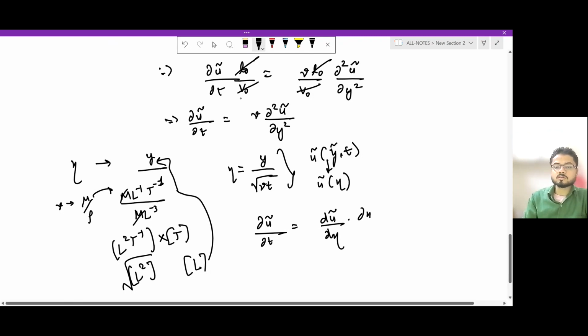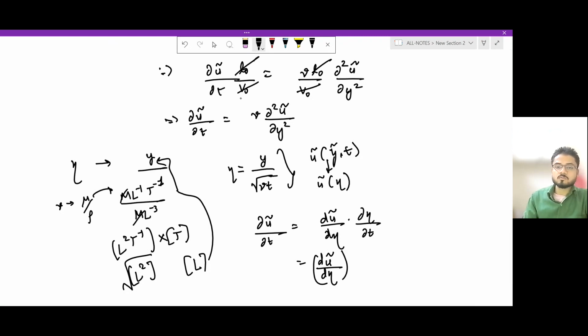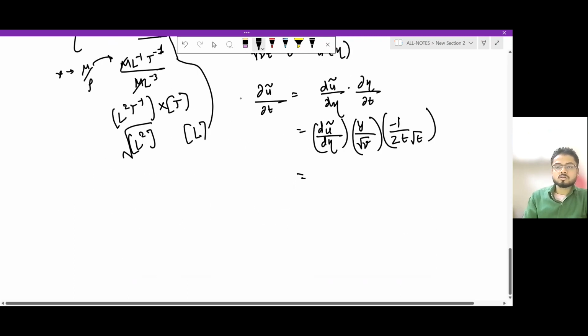So this is something like u′ d/dη, and this term would become y over root of ν to the minus 3/2, times t to the minus 3/2.